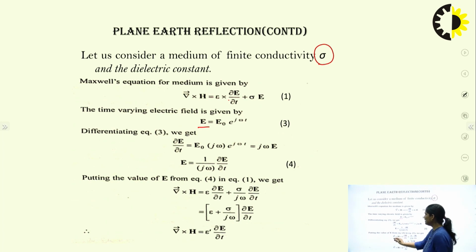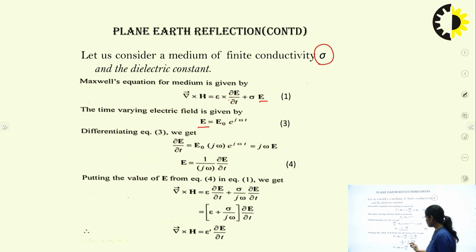So you will get ∇×H = ε ∂E/∂t + σE. Put the value of E, which is 1/(jω) ∂E/∂t. Then you will get ∇×H = ε ∂E/∂t + (σ/jω) ∂E/∂t.